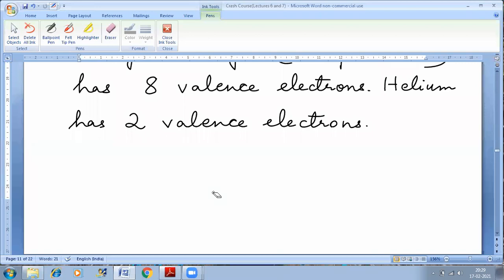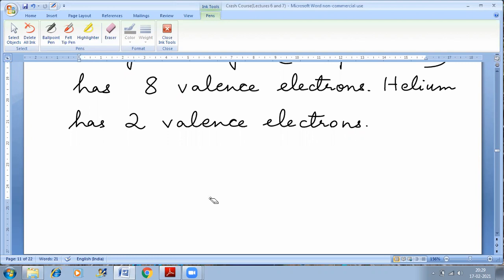In 10th we have found the trends among sizes. So can't this prove our assumption about sizes wrong? Sir, the trends are not applicable for the noble gases, I guess.